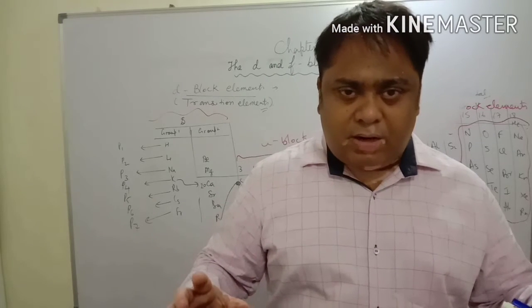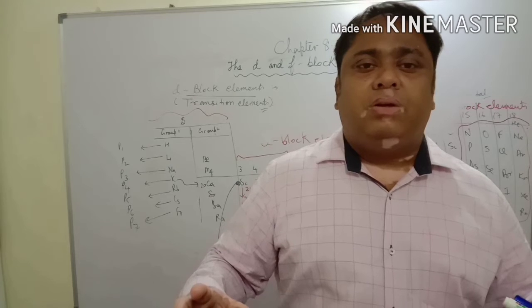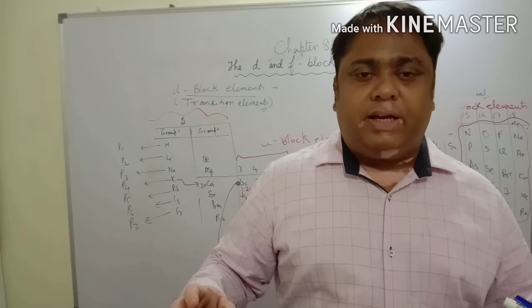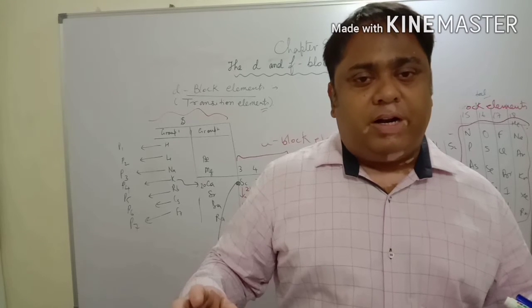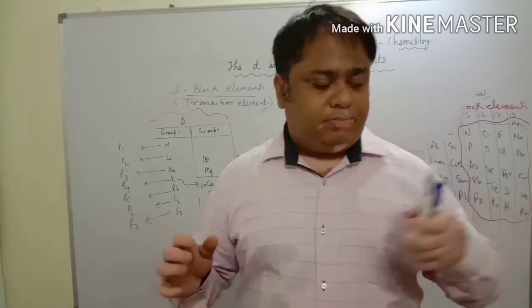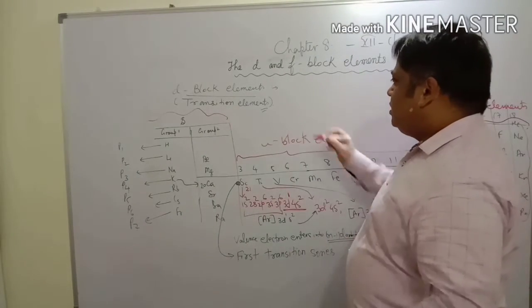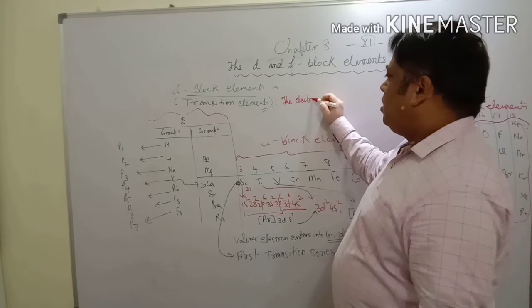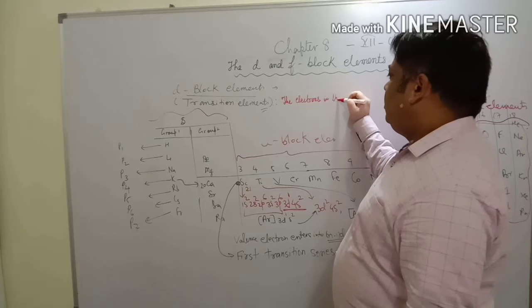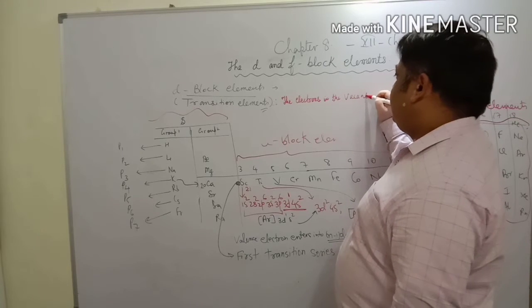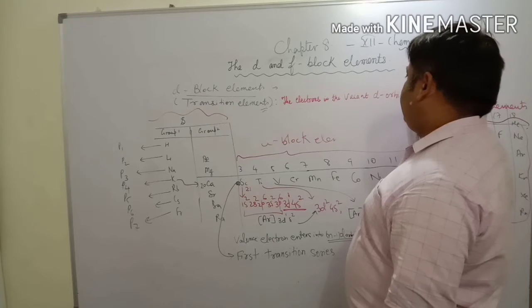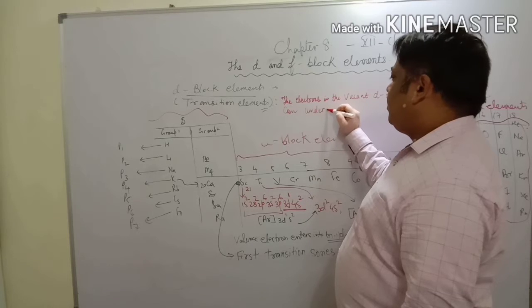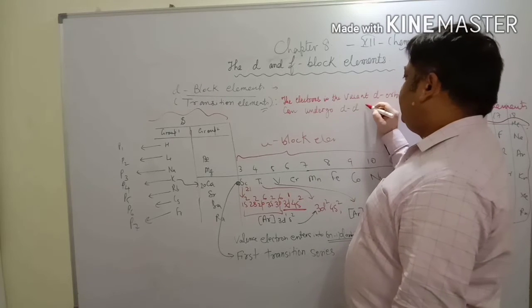They are called transition elements because the electrons in the partially filled d orbital can undergo transition from one energy level to the other energy level. So they are also called transition elements because the electrons in the vacant d orbital can undergo d transition.